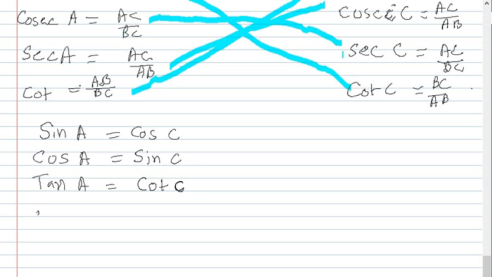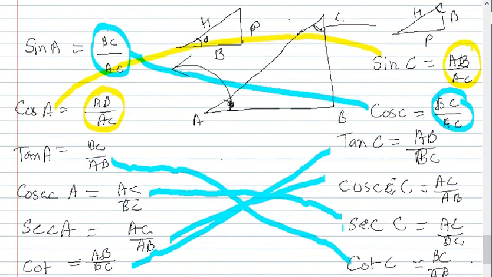It was cosec. Cosec A. What is the reciprocal of cos? Sec. Sec C. See this, cosec A is equal to sec C.